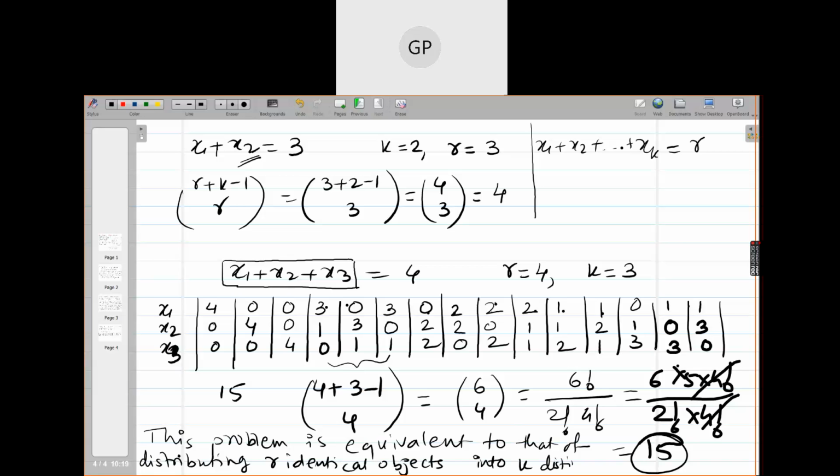This is what we did, if you remember: combinations with repetitions.